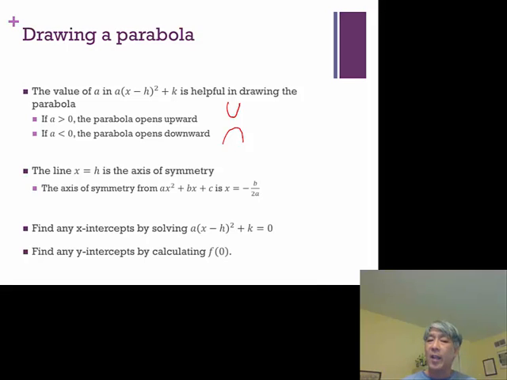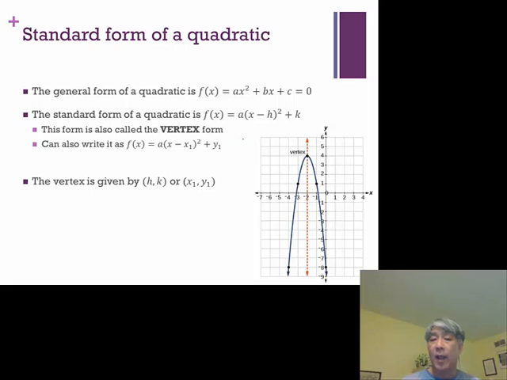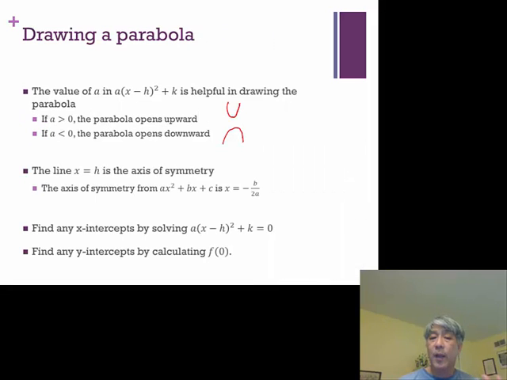And the line x equals h is the axis of symmetry. So in this case, my h would be equal to minus 2, and so that's my axis of symmetry. In the form ax squared plus bx plus c, that same line is minus b over 2a, so this is going to be my h value.